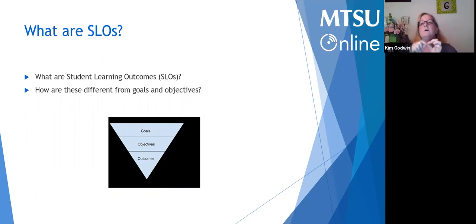They are very specific to that week, that activity, that assessment, that class, that specific thing. They are the smallest in terms of the broad scope of goals, but they're the ones that really make such a huge difference in our student learning and where they're going and how we're getting them there.